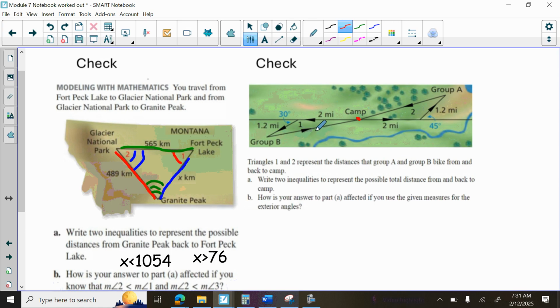And we'll say this distance is X. And we'll say this distance is Y. Okay. Write two inequalities to represent the possible total distance from and back to camp.